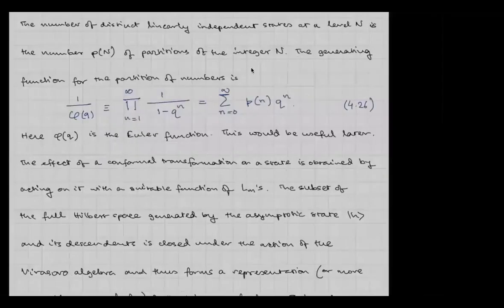So remember that you could have a state which looks like L. So let us look at level 4. Okay, right?